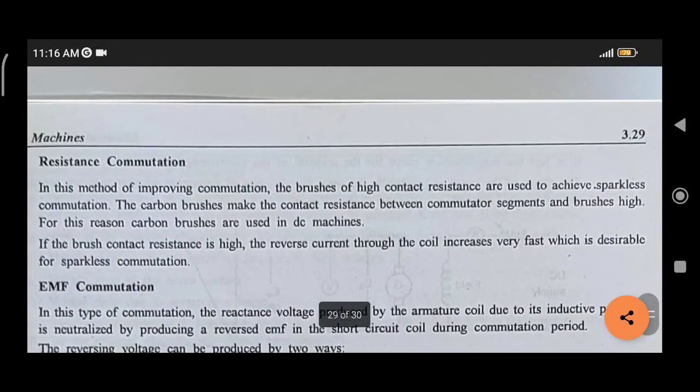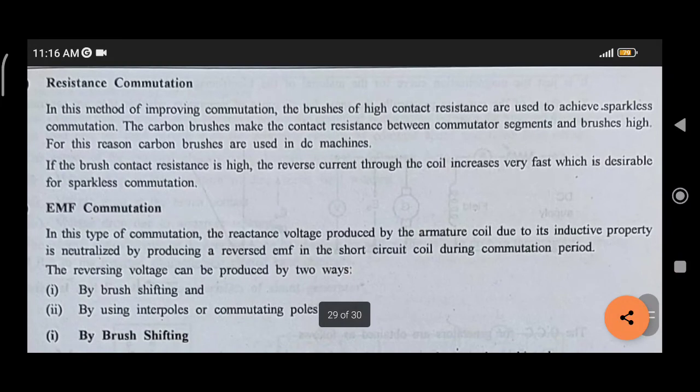So in resistance commutation, we insert resistance, where brushes of high contact resistance are used to achieve sparkless commutation. Carbon brushes make the contact resistance between the commutator segment and brushes high.